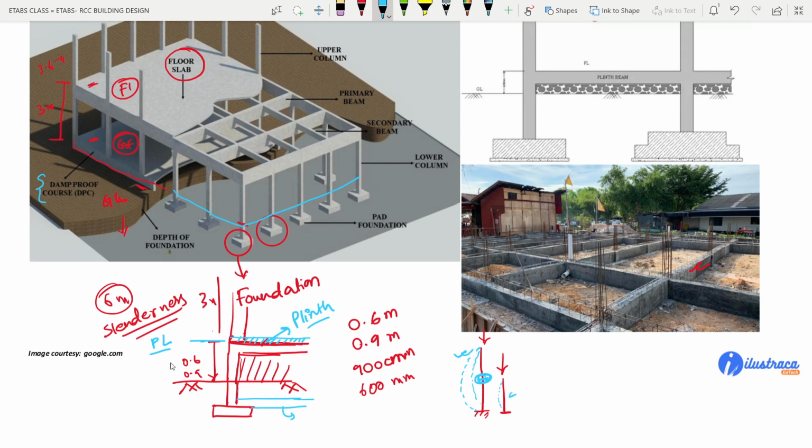Why? Because suppose this is my ground level, and you will be having rainwater here. So there should not be any dampness in the wall. Suppose you have the wall here, right? The water should not seep into this wall.